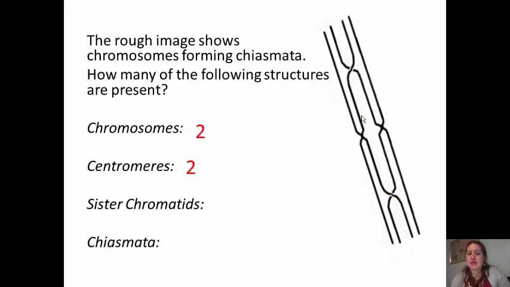Each chromosome has 2 sister chromatids. So you have 1, 2, 3, 4 sister chromatids. And the chiasmata are where there is crossing over. So you can see 2 crossing over, or chiasmata, spots.